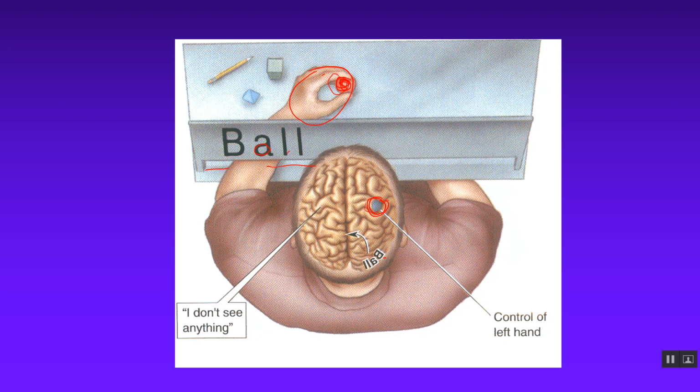You're feeling the texture, that it's round, whatever. But you can't send that information over to Wernicke's area and Broca's area to say ball. You know it's a round structure, but you can't say it's a ball. Even though you've felt a ball a million times in your life, if you set it up that way, you would not be able to say it's a ball.